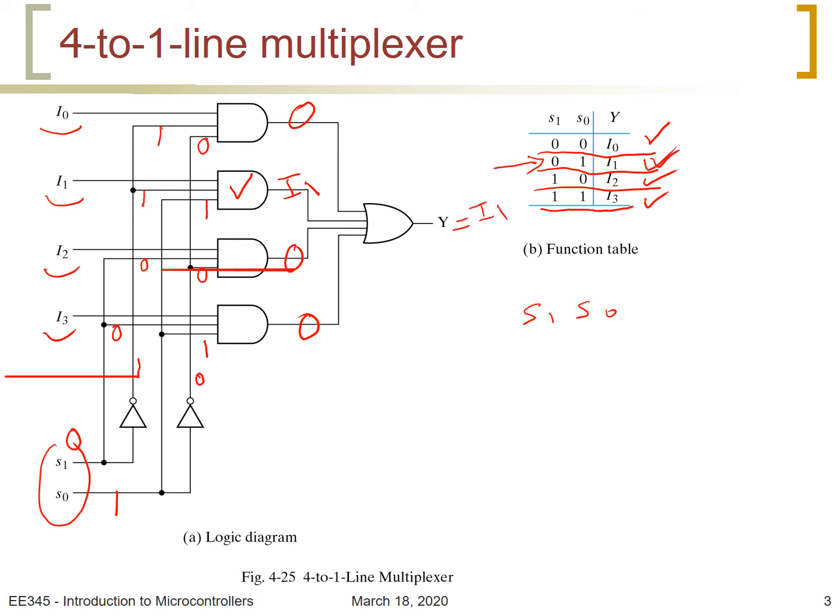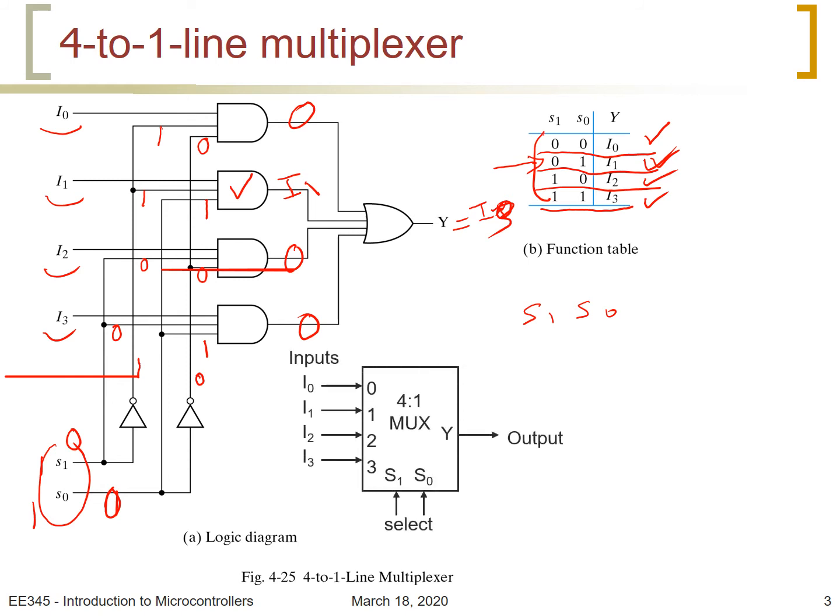If we try the other three combinations for S1 and S0, we will find we can verify this function table, that it is indeed correct. So if these are 0, 0, I0 will appear here. And if these are 1, 1, as an example, I3 will appear here. So that is the function table of the multiplexer, and this is how it operates.